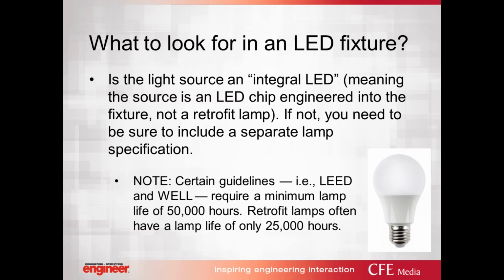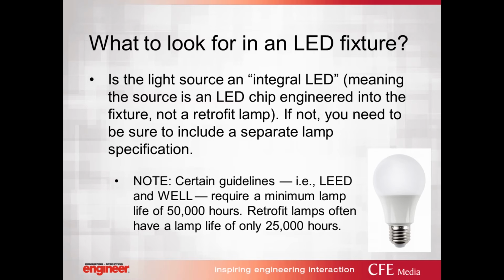So some things we have looked into in terms of what to look for in an LED. We know that, as Michael mentioned before, there's Google, which has a plethora of information, sometimes too much. So one thing to look for is something called an integral LED. There are LED retrofit lamps, like the one you see here. Many manufacturers make them, and they're on the market everywhere.